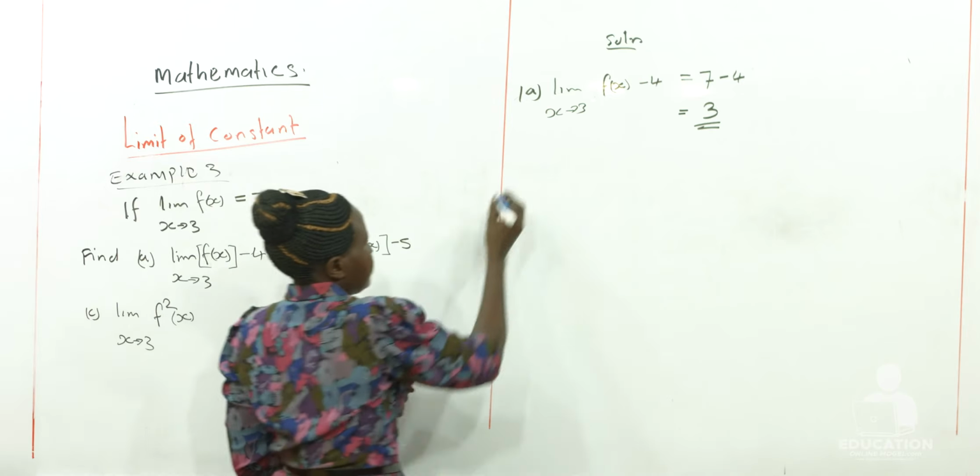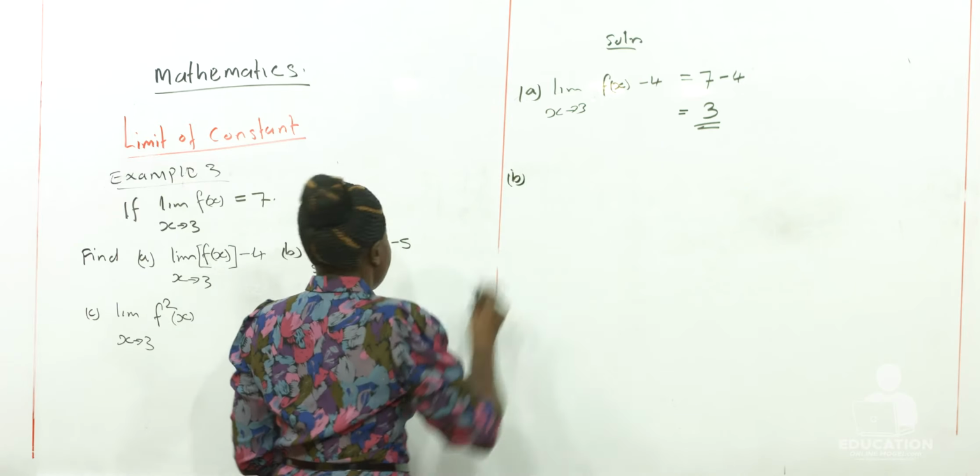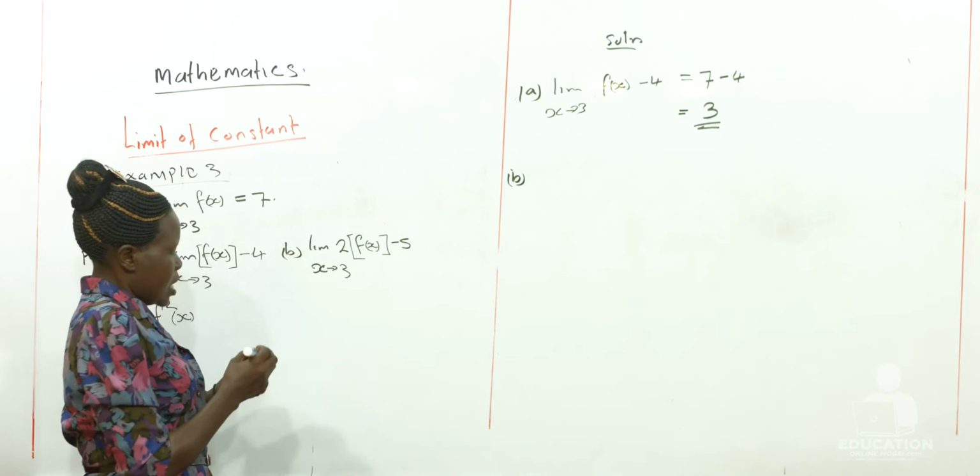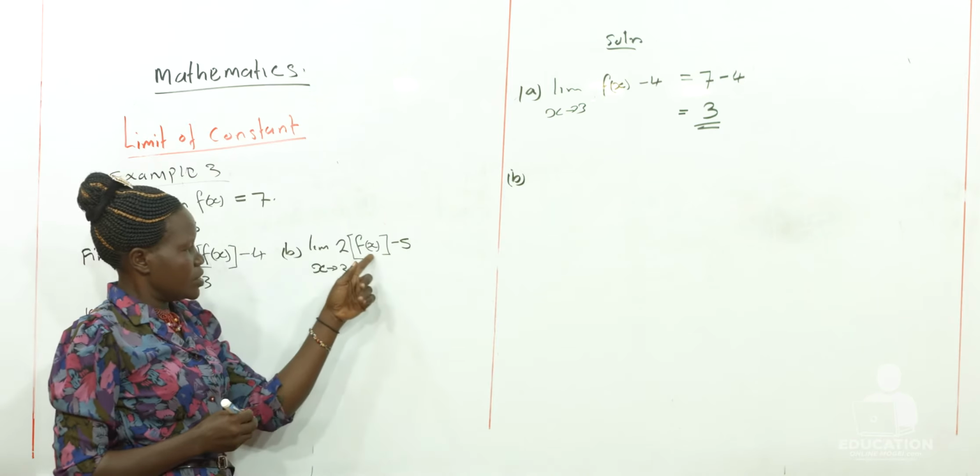Then we move to part B. Our part B says the limit of 2 f(x).